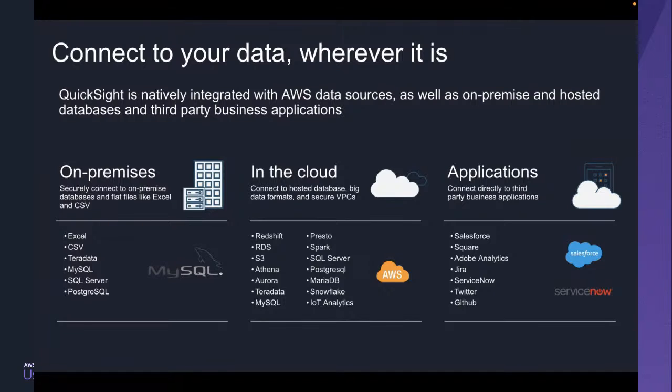It can also connect in AWS, as for sure it's an AWS service, so it can easily blend with AWS, with proper security and a private link. So even if you want to restrict your traffic within the VPC, that can also be achieved. And at the last, it can also connect to external sources like Salesforce, ServiceNow, Twitter, and Jira.